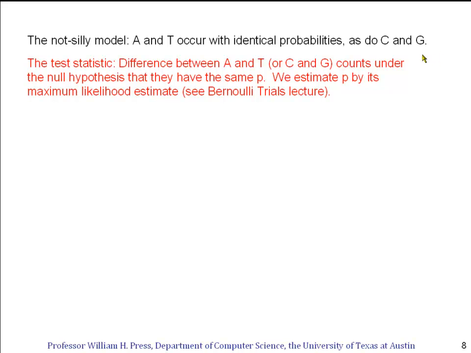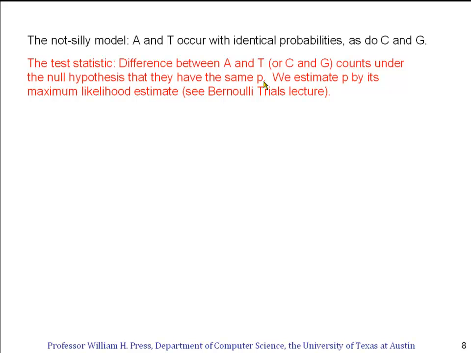As our test statistic, we can take the difference between the counts of A and T, and separately when we do CG, the difference between the counts of C and G under the null hypothesis that they have the same P. What I mean is that A and T have the same P, or C and G have the same P. Now we don't know when we start what the value of P should be.